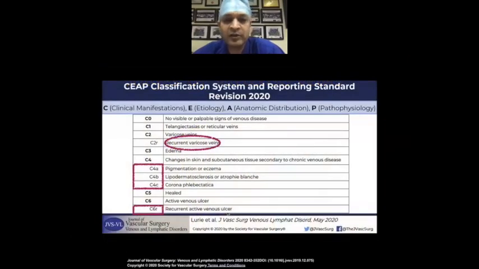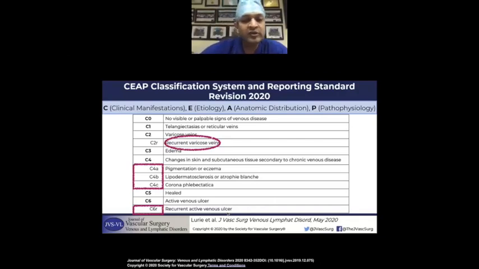Now the important thing is you must know that there is a modified CEAP classification published in 2020, very recently. There are three important things which have changed in this. One is we have also included the recurrent varicose veins, C2R. Then the C4 stage has been divided into three: pigmentation eczema, lipodermatosclerosis atrophy, and corona phlebectatica. And C6R includes a recurrent active venous ulcer.